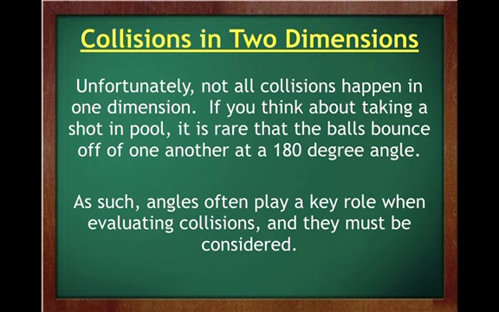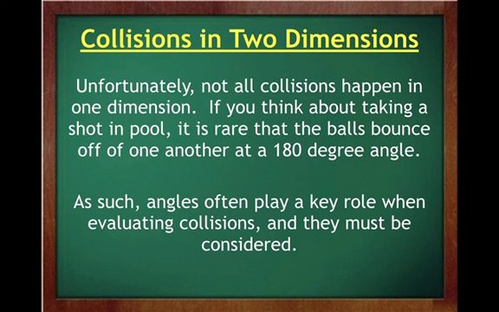Obviously not all collisions are going to happen in one nice straight-line, one-dimensional scenario. Not everything is a head-on collision. A brief example would be playing pool, or billiards. When you take that shot, rarely do you try to hit something straight on and have one go straight and one come right back at an exactly 180-degree angle.